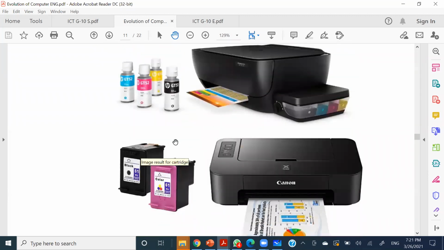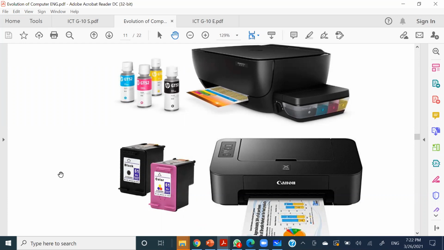And this particular component is called a cartridge. A cartridge is a component which has colors in it, where the ink has been poured into it already, right? It is made like a sponge material inside, and the ink is soaked into that.